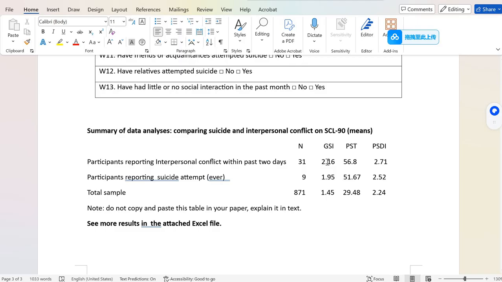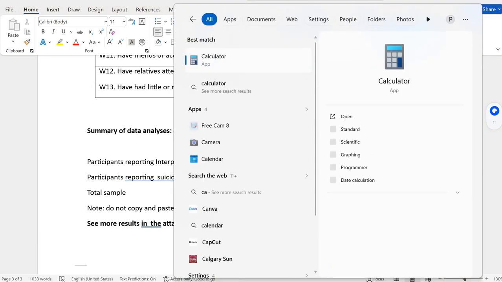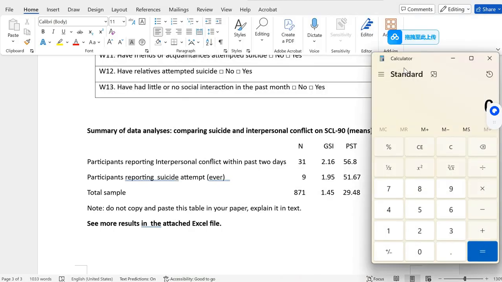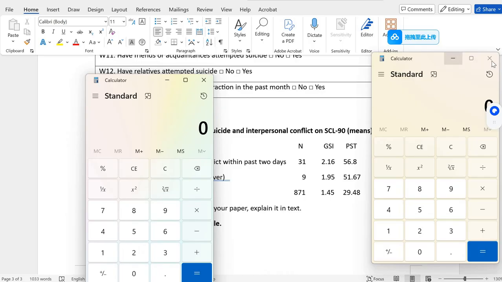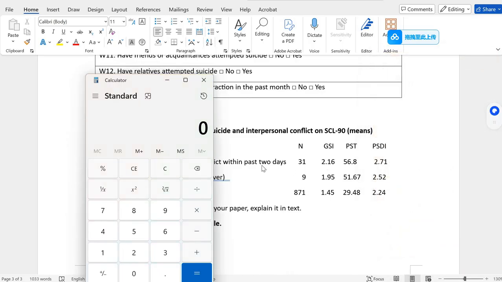But on GSI, the interpersonal conflict group, how many times? You have to do the math. Here you have to do some calculation. I got a calculator. In other words, the students have to do part of the data analysis. Interpersonal conflict, 2.16 divided by the total sample, 1.45.